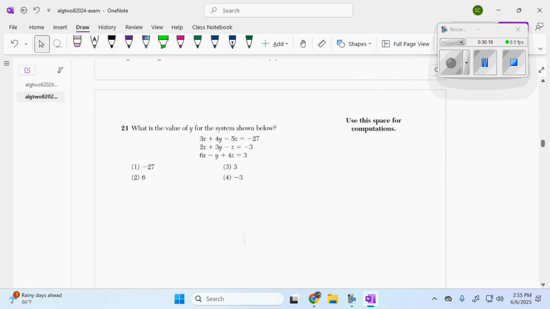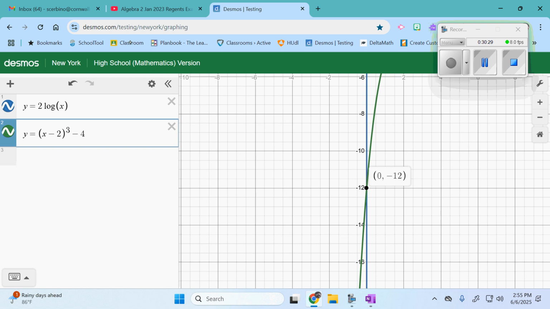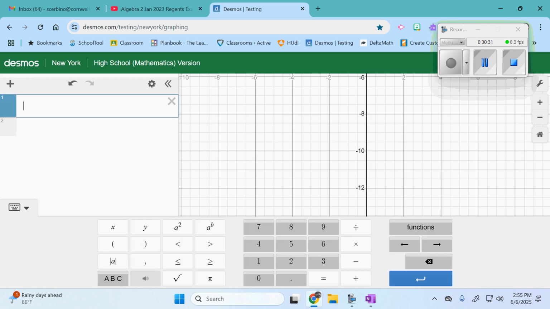Number 21. We love seeing the 3x3 system as a multiple choice and not a free response, because we can just graph this and find this answer without having to do all of that crazy algebra. So let's go to our calculator here and graph this. When we're solving one of these 3x3 systems on our calculator, we're going to need to do something a little bit different since there are 3 variables.